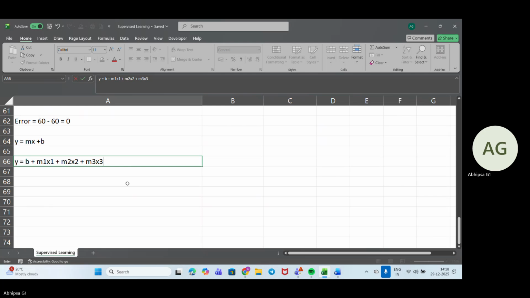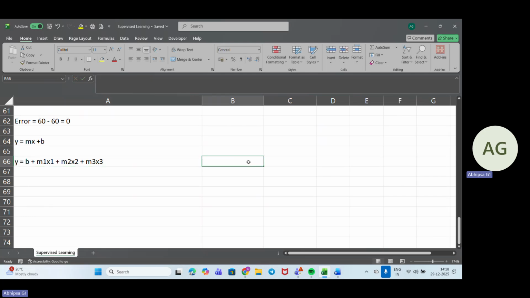Suppose we go ahead and take an example: we take the house size, bedrooms available, next suppose distance, and we are taking the price.